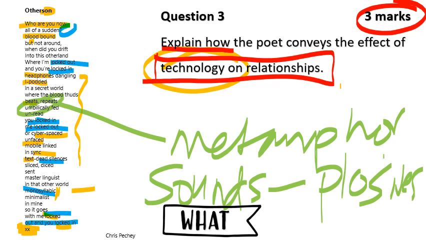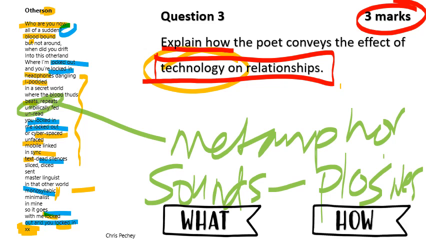So think about where there are soft sounds and where there are explosive sounds. Where do we see shifts from nouns to verbs? What about the hyphenated words? So there are a whole lot, even though this poem seems quite simplistic, there's quite a lot of devices that you can identify here. So they're the hows.